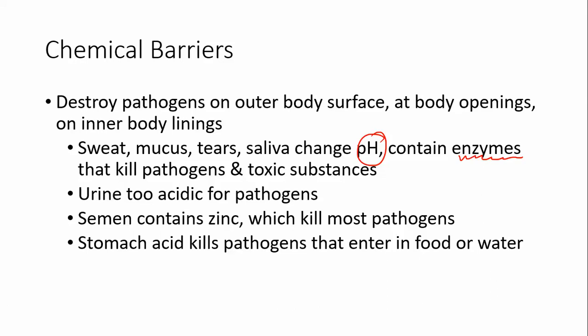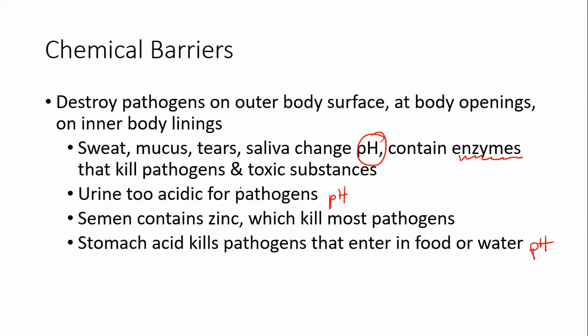Some examples, as far as pH goes: urine is too acidic for most pathogens to grow. So every time you urinate, you're making the urethra a very hostile environment to pathogens, which makes it harder for them to grow. Similarly, stomach acid has a pH that is not very friendly to pathogens, so it is more likely to destroy them.